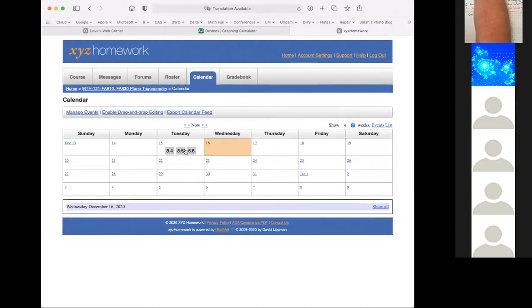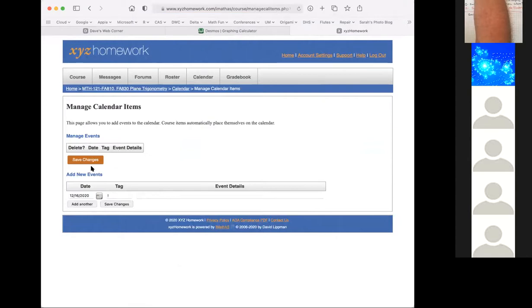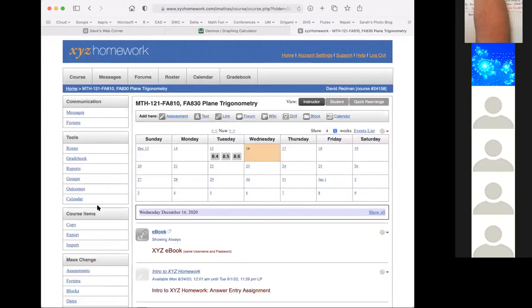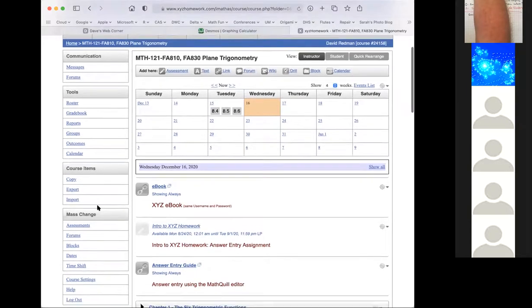Calendar. Got it. Manage. Tag, details, events, messages, forums, rosters, gradebook, calendar. I hadn't even considered that.